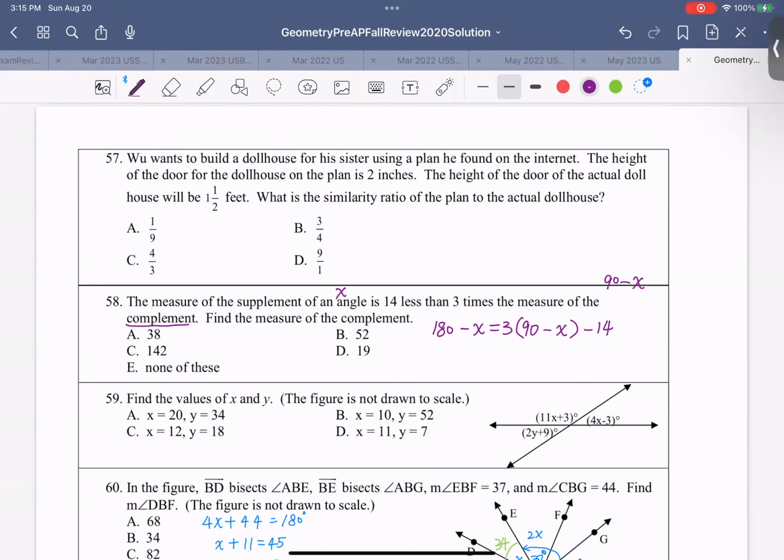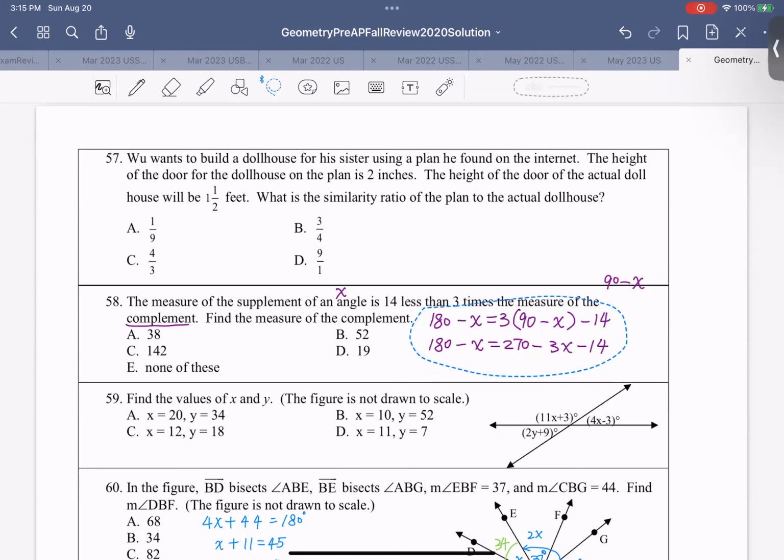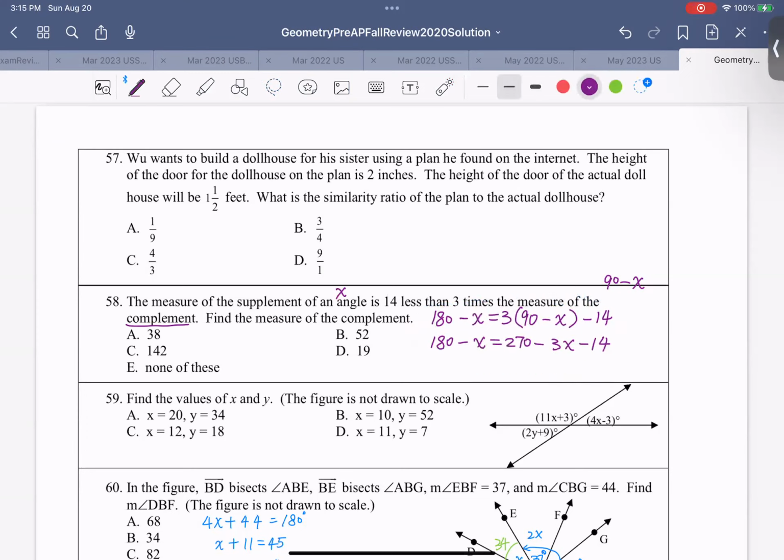180 minus x equals 270 minus 3x minus 14. So 2x equals 90 minus 14. 2x equals 76.